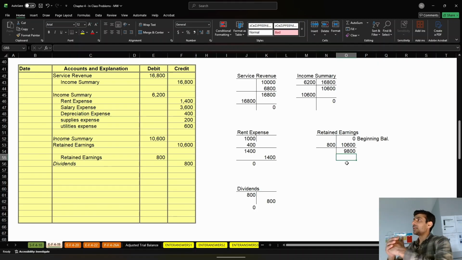I just netted the debits and credits together and have summarized everything into one balance in retained earnings. Okay, so now it's going to continue living on. Next year, that $9,800, reflecting what happened in this period, is going to get updated with whatever happens in the next period. And then that will become the beginning balance of the next period, and it just keeps getting updated.